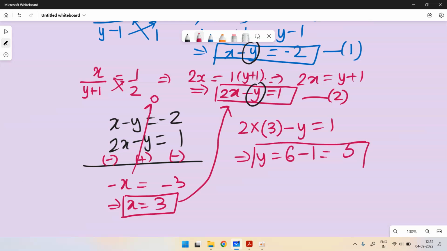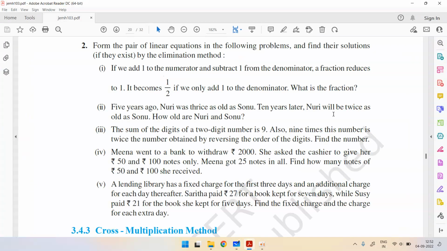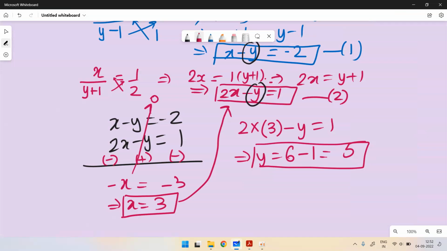The value of y is 5. So x is 3 and y is 5. So what is the fraction? The fraction is x by y, nothing but 3 by 5.